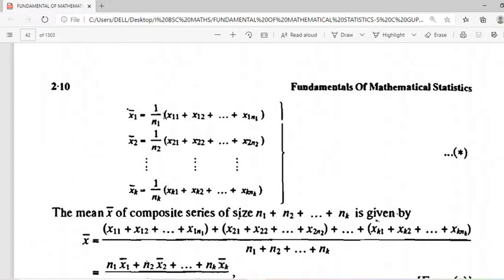What is x1 bar? Take the sum of the observations in that series divided by the total number: x11 plus x12 plus etc. plus x1 n1, divided by n1. Similarly, x2 bar equals x21 plus x22 plus etc. plus x2 n2, divided by n2. And likewise, we can find the mean of each series.